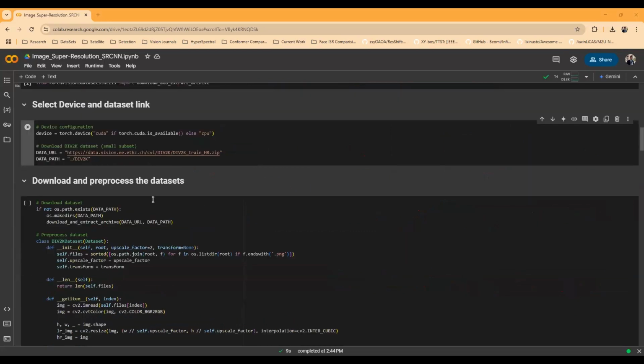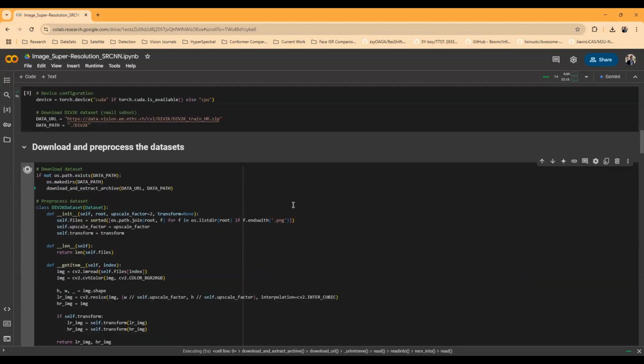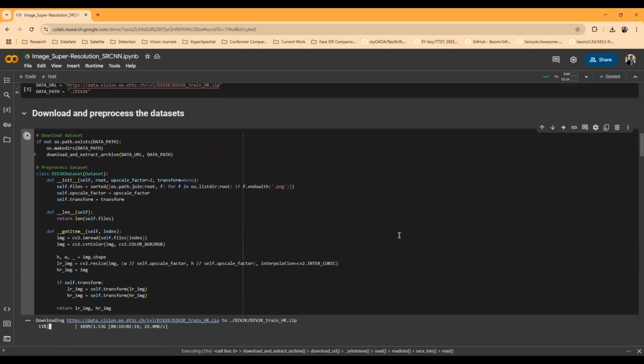Moving forward, we are setting the URL and the folder path. Then we must download the data. This dataset was introduced for the NTIRE challenge in 2017, and even now this dataset is very relevant for image restoration and image super resolution tasks, because it offers very high resolution images and also low resolution counterparts.